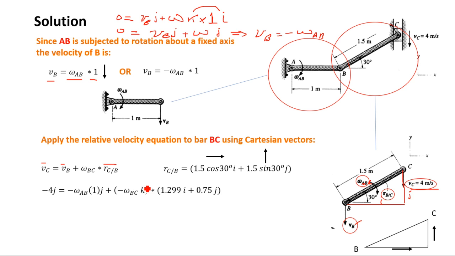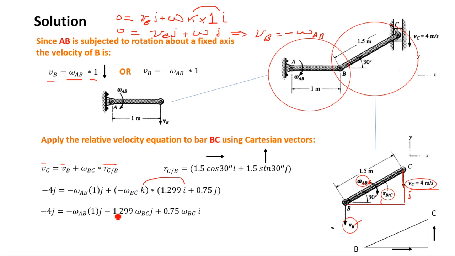Once again, k times i is equal to j, so we have negative 1.299 omega BC j. And k times j is negative i, so we have plus 0.75 omega BC i.